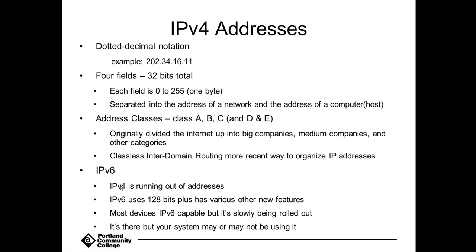They came up with, actually a long time ago, something called IPv6, Internet Protocol version 6, and they're giving it 128 bits of address instead of 32. Almost all devices these days are IPv6 capable, but depending on how your network's set up, they still may be using IPv4. And actually when you look at stuff, most things are still IPv4, like on a global or national level.